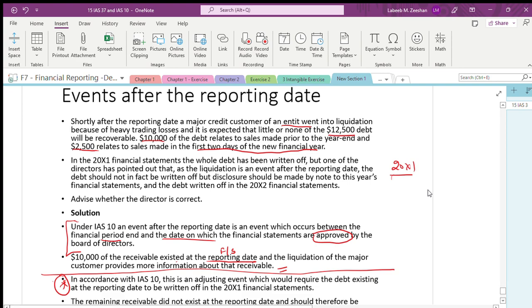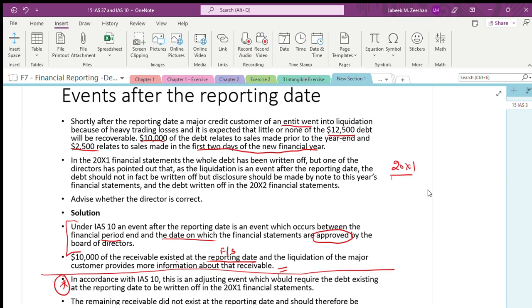They are giving the information about the receivables. And most importantly, it came to the notice after the reporting date. Is it right? It existed on the date of reporting, but it came into the picture after the reporting date.